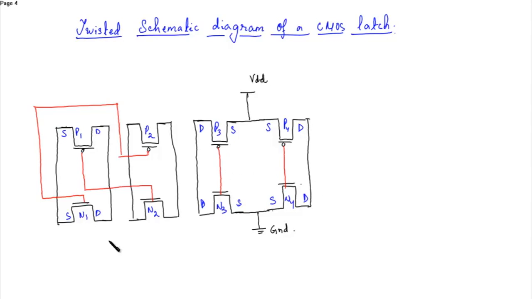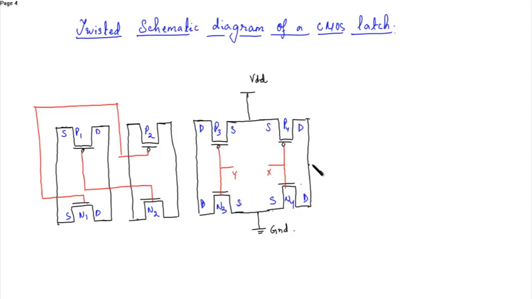so this is the input. Suppose this is input Y and this is input X, then the output obtained will be this is the inverter form.